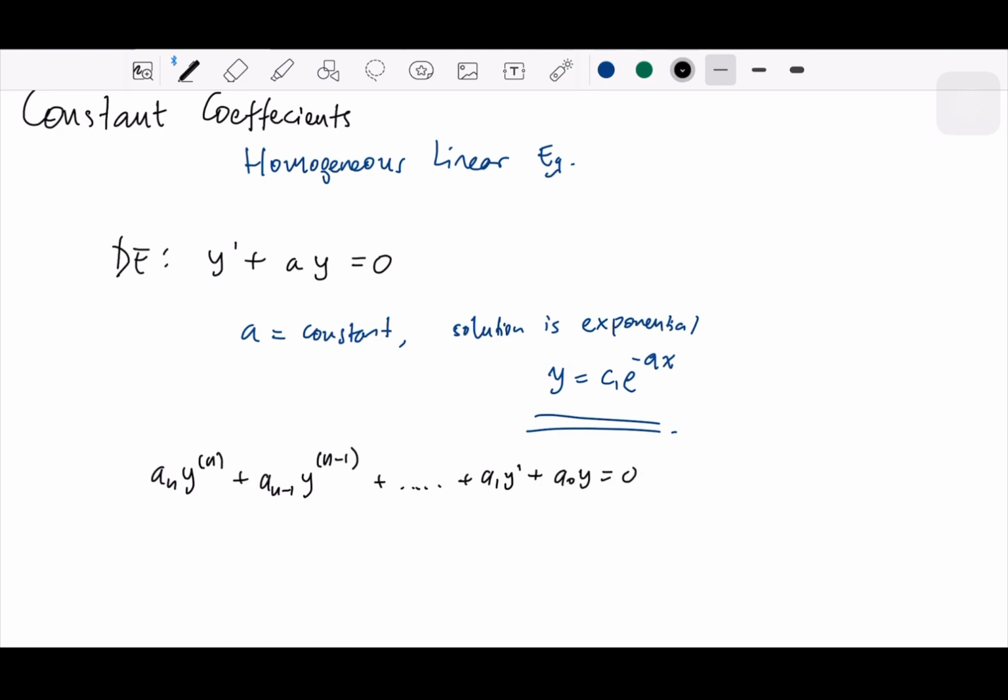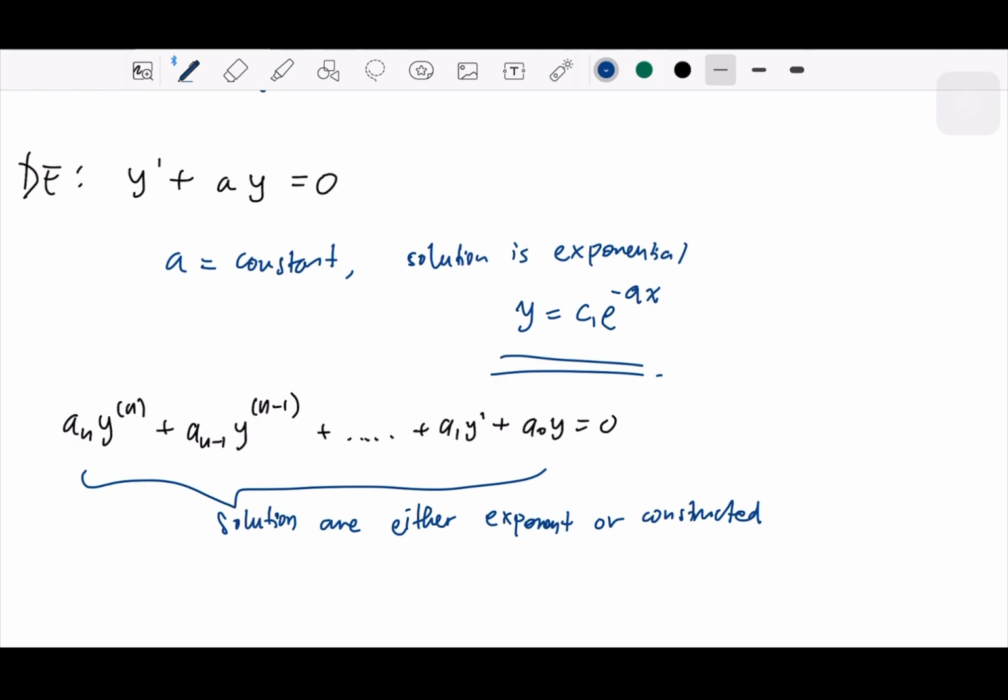For homogeneous, we can think that solutions are either exponential or constructed out of exponential functions.